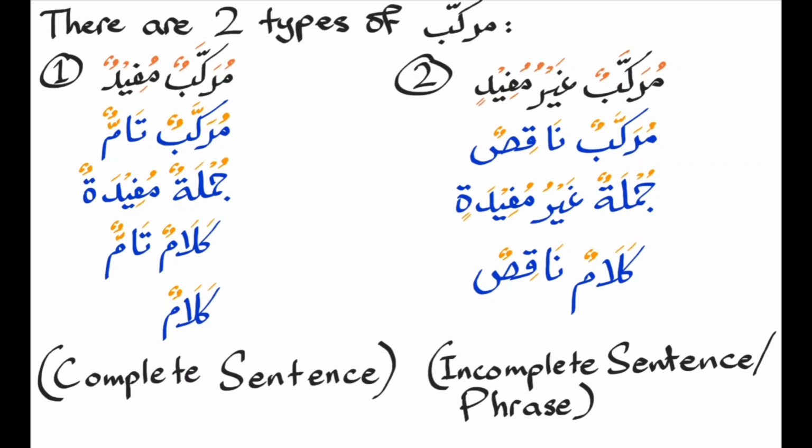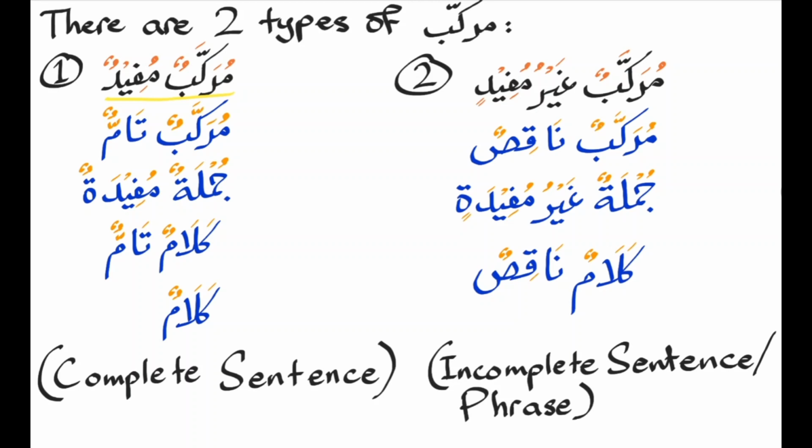Now you need to know that sentences or murakkab mufid, which is the first type here, has two types. And phrases, meaning murakkab ghayr mufid, which is the second type, has 5 of its own types. First, let's talk about the types of sentences, meaning murakkab mufid.